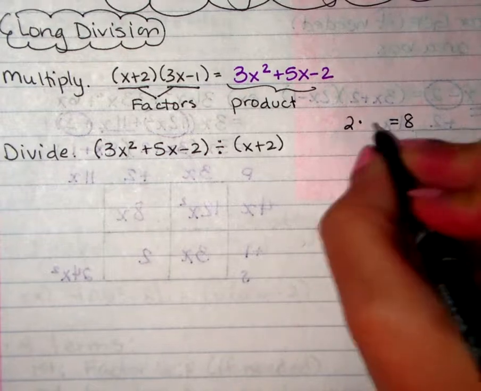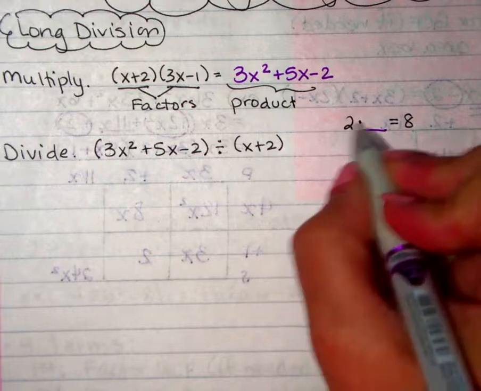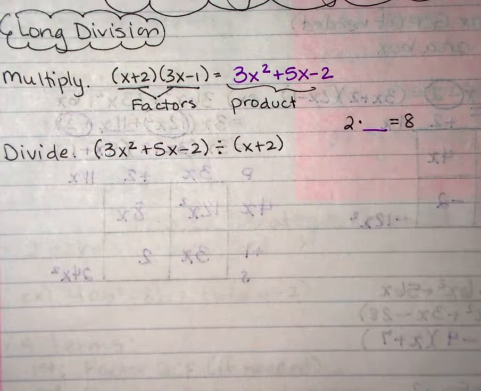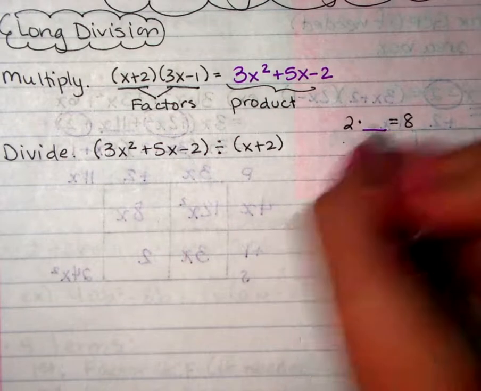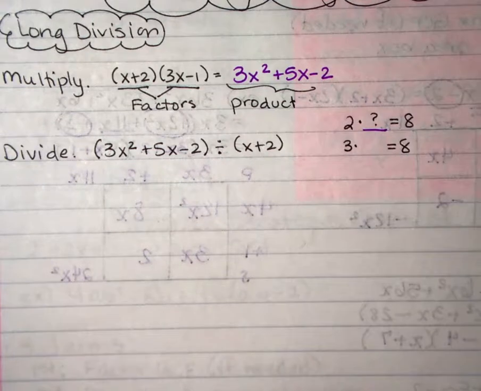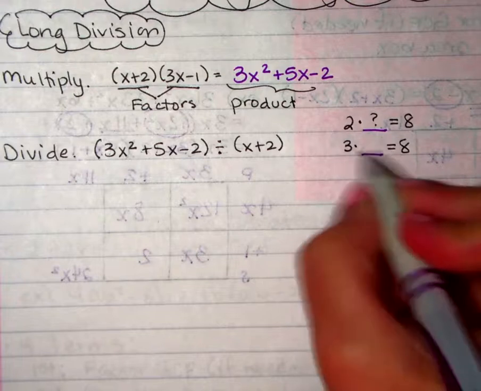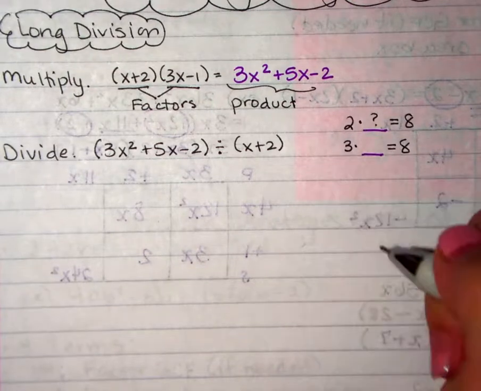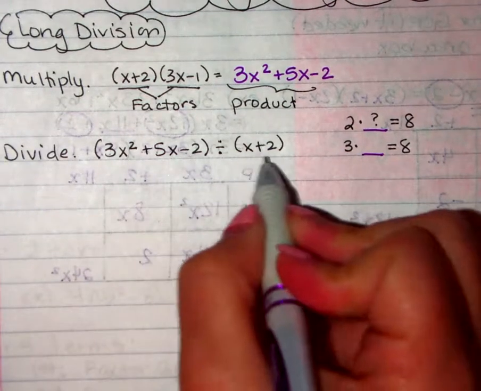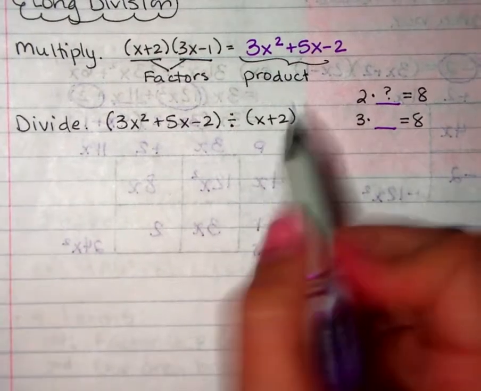If I can multiply 2 times something to get 8, then yes, 2 is a factor. Just like if I asked you, is it possible that 3 times something will give me 8? If this does not happen, then 3 is not a factor. So we're thinking along those terms when we're taking a polynomial and dividing it by a binomial factor. I want to know, is it possible for me to multiply x plus 2 times something to get this other polynomial with no remainders?